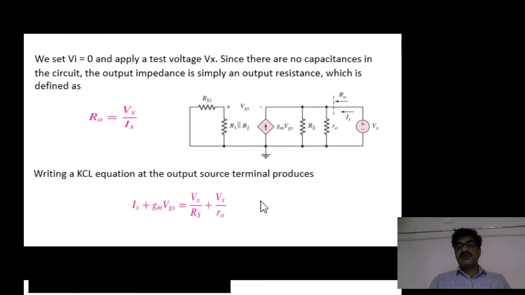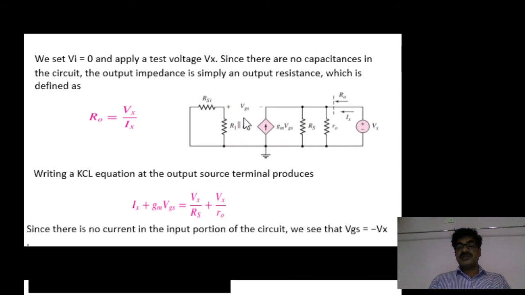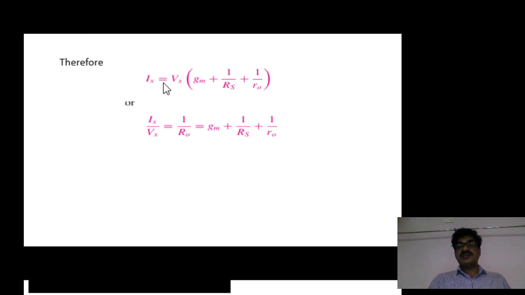Now in this network, because there is no input source, VGS is equal to minus Vx. Substituting that in this equation and taking Vx as common, the current equation is Ix equals Vx times gm plus 1 by RS plus 1 by r naught.